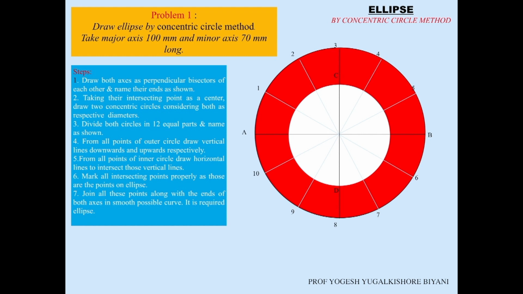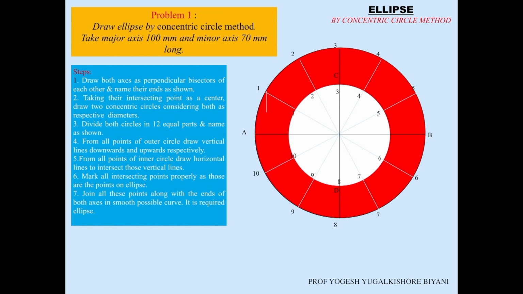Now from all the points of the outer circle, we'll draw vertical lines downward and upward respectively. The inner circle has been named the same as the outer circle.